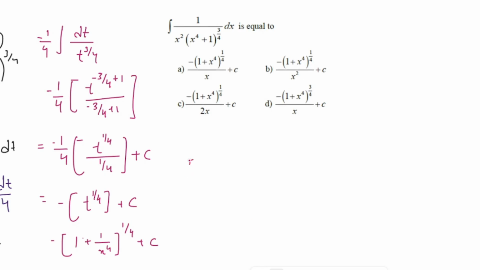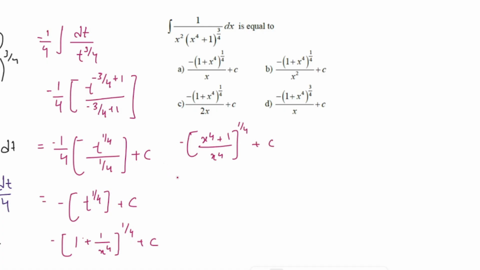I'll take the answer that we have obtained, that is minus, I'll take the LCM inside, it becomes x power 4 plus 1 whole divided by x power 4, the whole power 1 by 4 plus c.